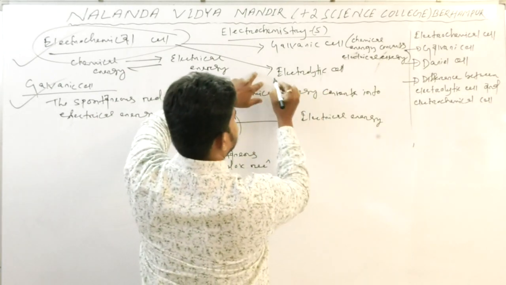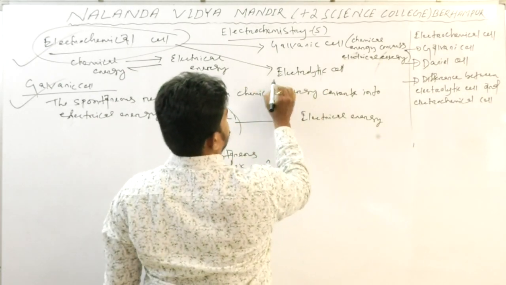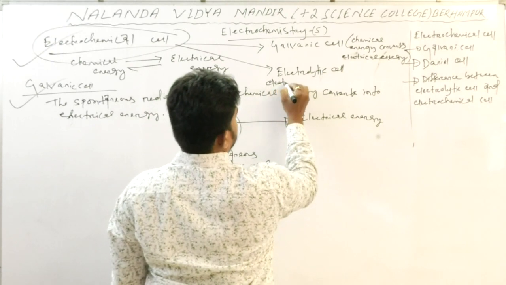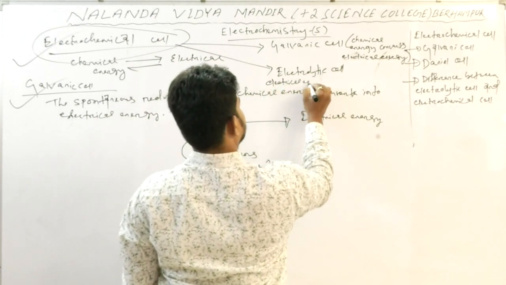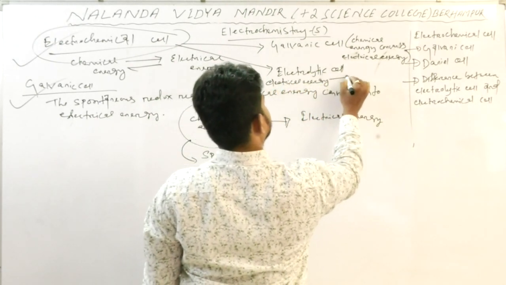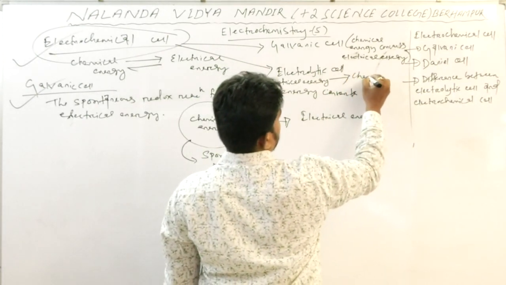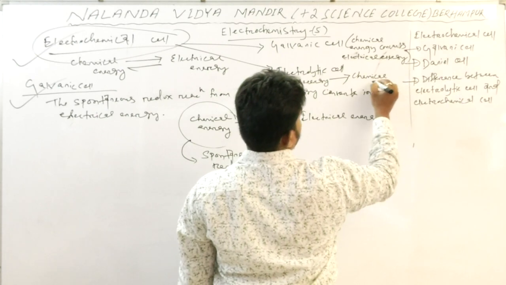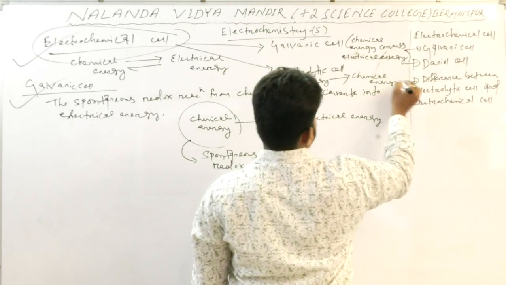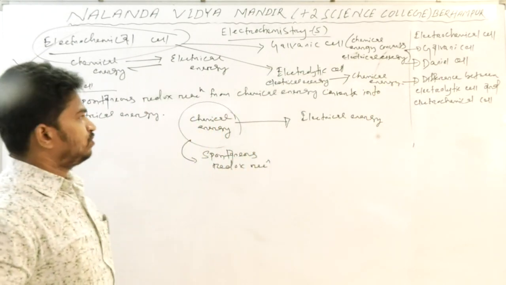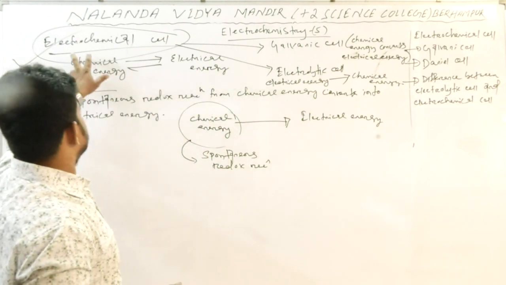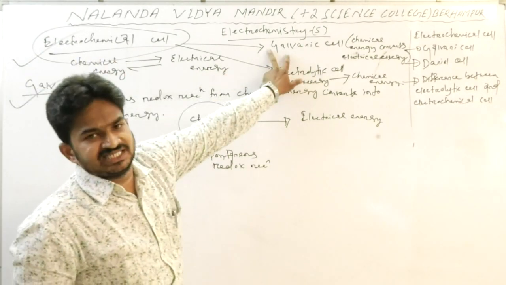Electrolytic cell means electrical energy converts into chemical energy. Now we are going to discuss the galvanic cell.